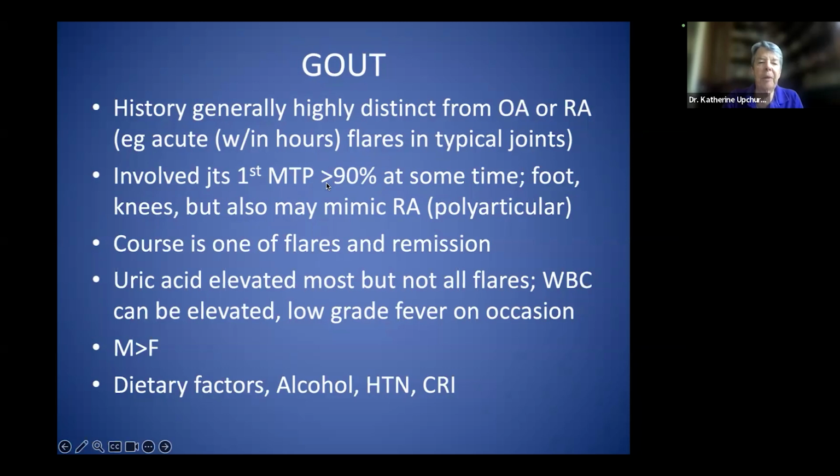It involves the first MTP joint more than 90% of the time. Over time, it's one of flares and remission. Uric acid is elevated most, but not all the time. Dietary factors, alcohol, hypertension, chronic renal insufficiency, and associated medications are important. Male more than female.